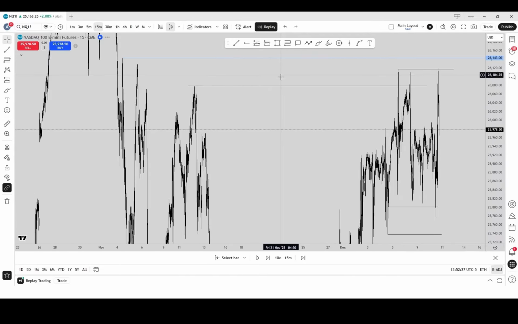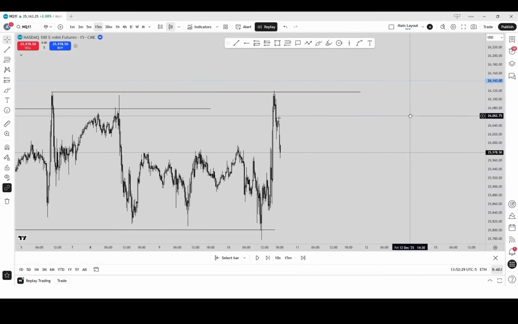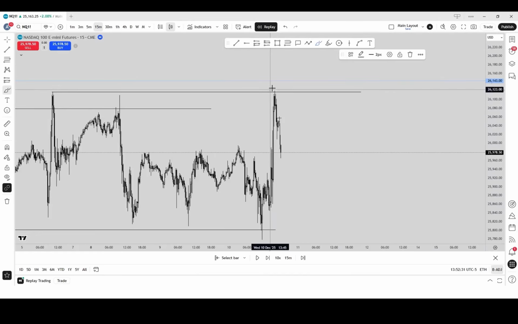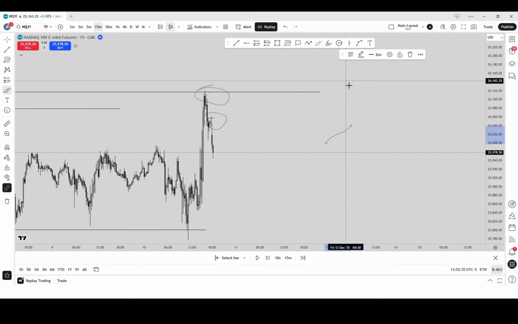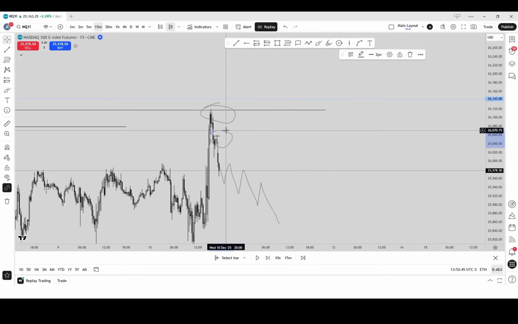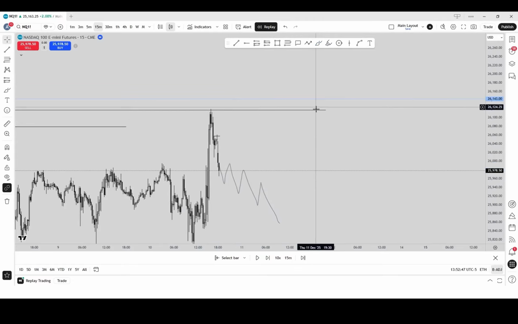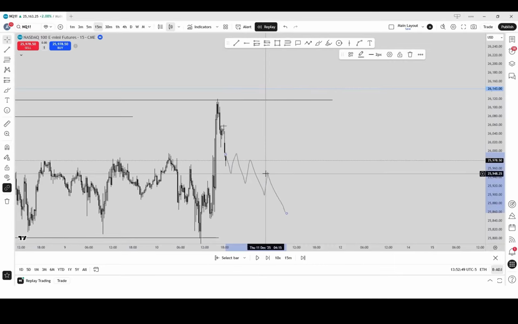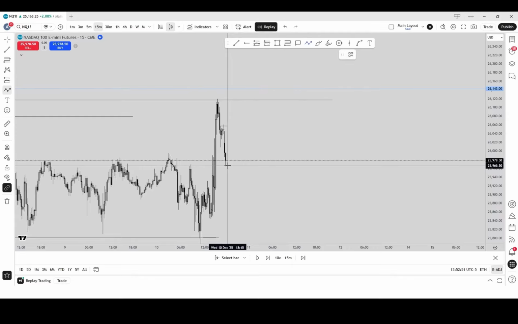Obviously, we didn't take anything from the left, so taking any shorts here I would not do. Once we get price coming back into the lows, let's say price does this, building some sort of liquidity. I actually drew it kind of weirdly, but let me redo this. So we do something like this. Boom.